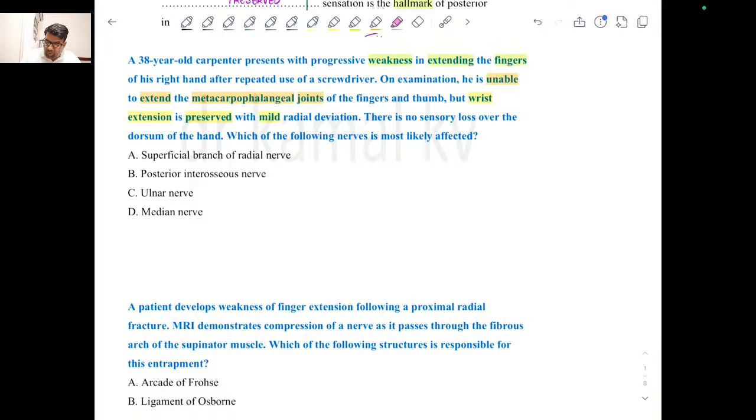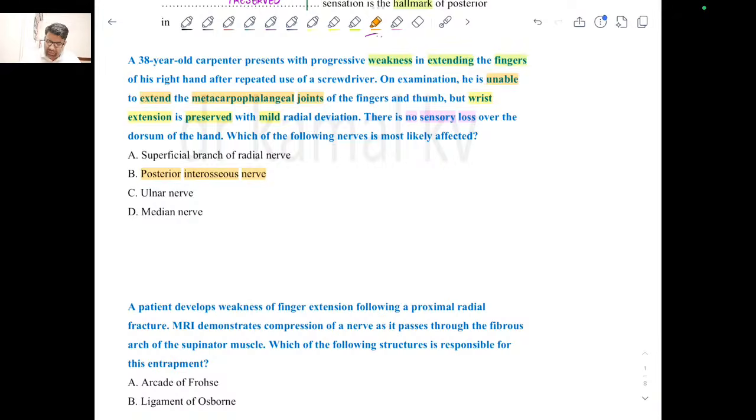There is no sensory loss over the dorsum of the hand. Which nerve is most likely affected? I think the concept is pretty clear. We have already discussed: if there is weakness of extension at the MCP joint with preservation of wrist dorsiflexion and preservation of sensations, the answer has to be posterior interosseous nerve. So very good, the answer here will be posterior interosseous nerve.